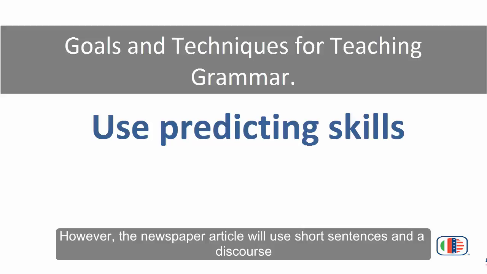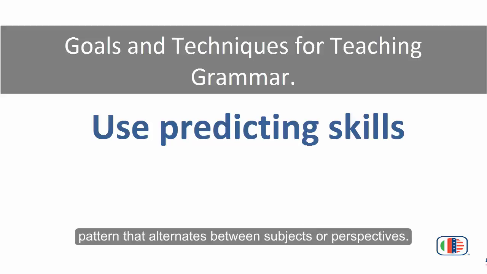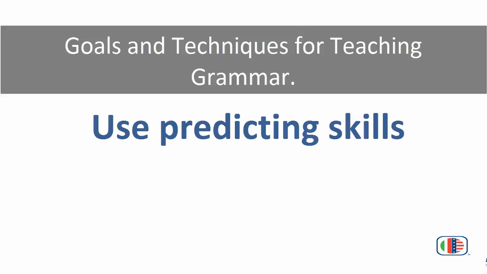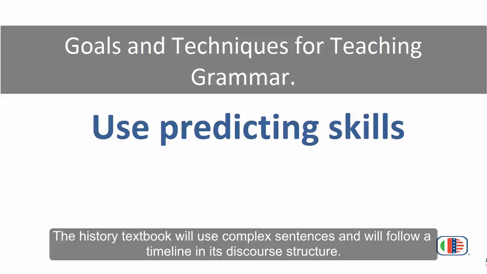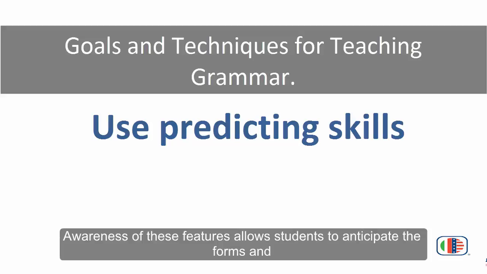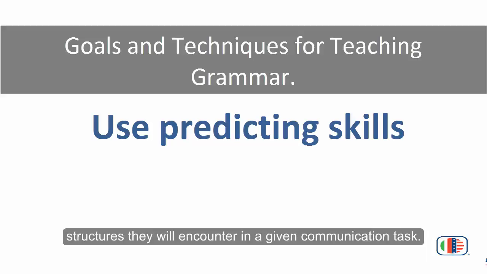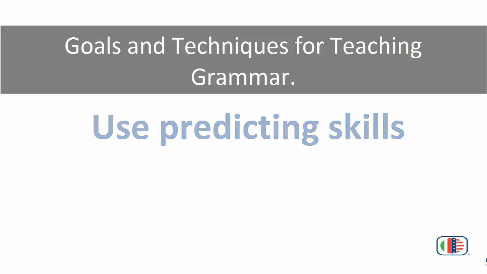However, the newspaper article will use short sentences and a discourse pattern that alternates between subjects or perspectives. The history textbook will use complex sentences and will follow a timeline in its discourse structure. Awareness of these features allows students to anticipate the forms and structures they will encounter in a given communication task.